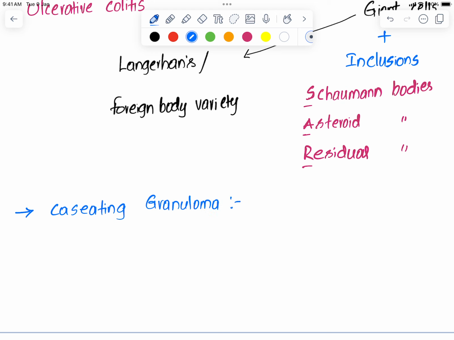Caseating granuloma is seen in histoplasmosis, also observed in tuberculosis, and the next important condition is cryptococcus. Whereas non-caseating granuloma is seen in sarcoidosis as well as ulcerative colitis.